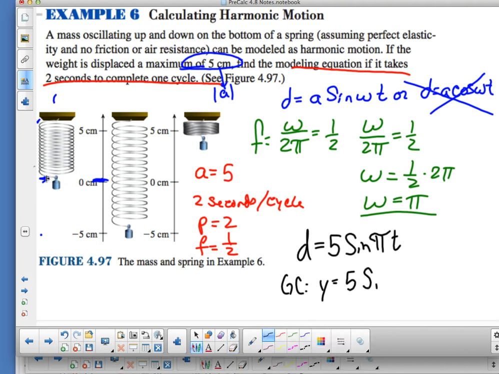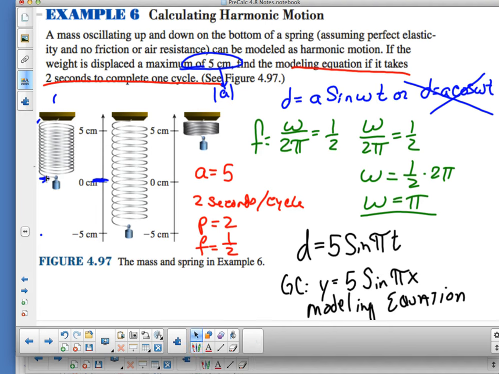So let's make it sine of pi x. So that is my modeling equation, and that's what I was asked to find. However you want to look at it, my modeling equation there or there, is based on whether I put it in the graphing calculator or I just have it as my answer.